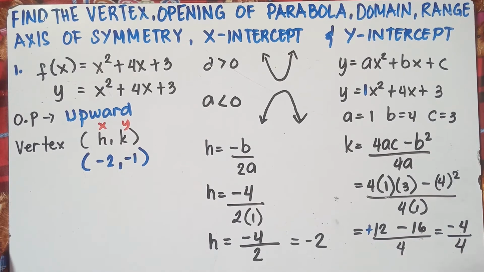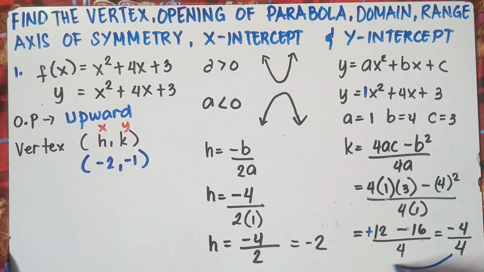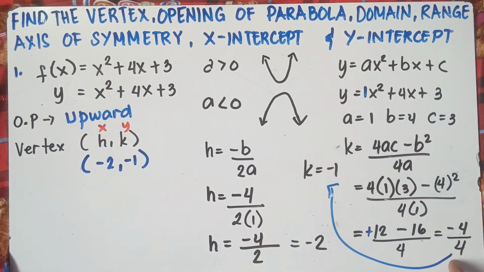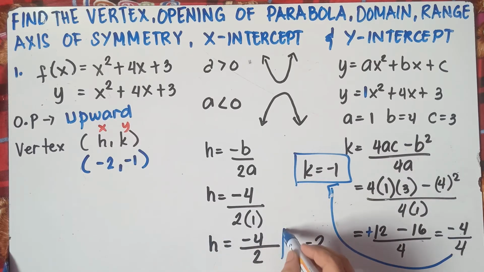Negative 4 divided by 4, what's the answer, class? That's correct. Our k is negative 1. Negative divided by positive is negative, and 4 divided by 4 is 1. So k is negative 1. Same answer, class.